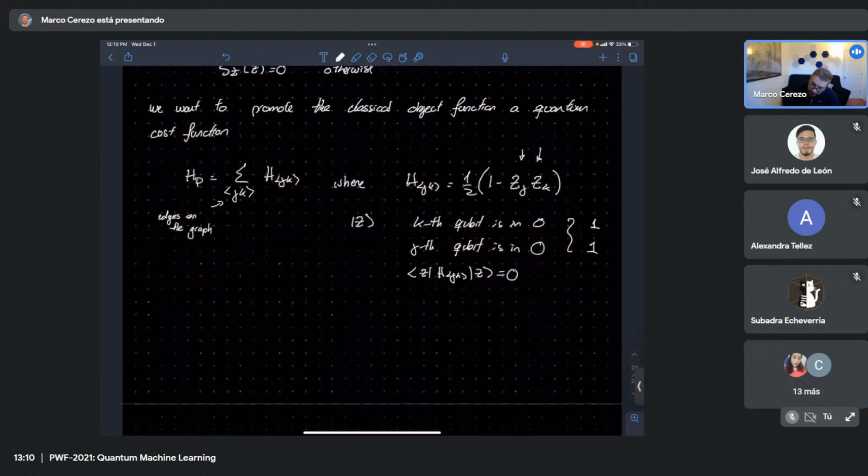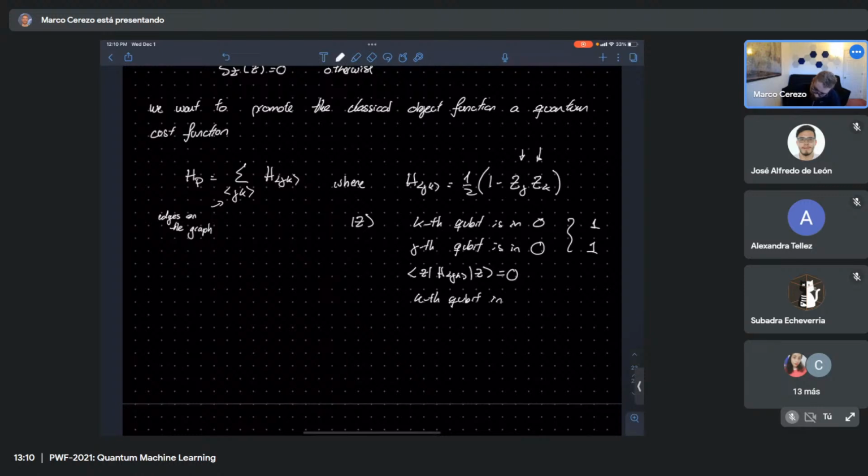But if one of the qubits is in 0, so now the kth qubit in 0, and the jth qubit in 1, or vice versa, 1, 0, what's going to happen is that for the expectation value of this local term, I'm going to have the expectation value of z over 0, which is 1.